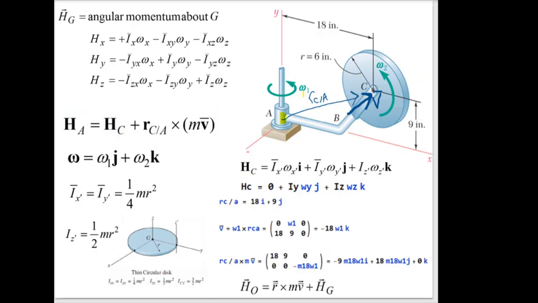And we can go ahead and walk through that cross product here. So here's our position vector, right? R to C. Here's our velocity, so omega cross R, and we see that the velocity of the center of C is going backwards in that z direction.